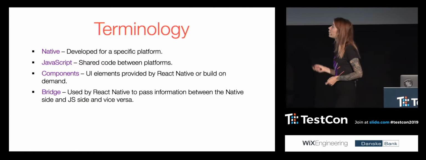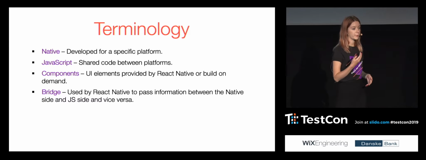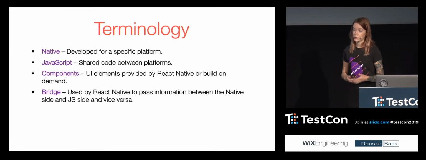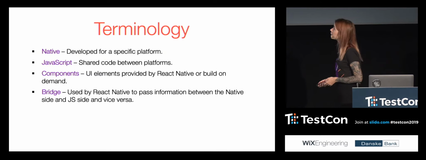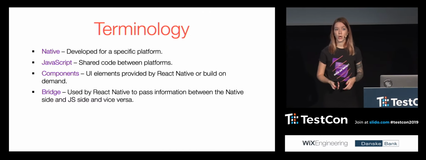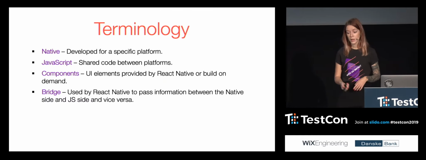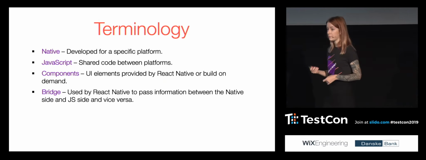So first of all, native is something that is built for specific platform. These might be alerts in the screen or something like that. Then we have JavaScript, which is shared code between platforms, and it usually holds all the business logic of the app. Then we have components, which are UI elements provided by React Native or built on demand.